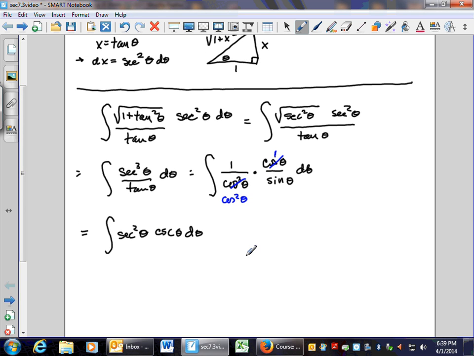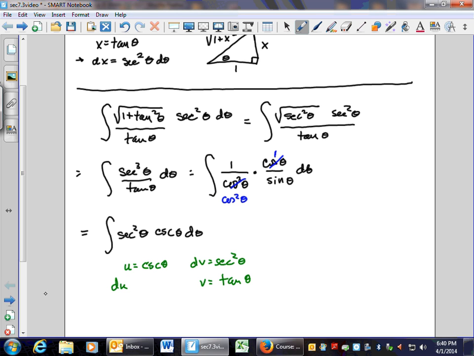Now look, we know that the derivative of the tangent is a secant squared, so we're going to set this up so that u is the cosecant of theta and dv equals the secant squared of theta, so that when we integrate the secant squared, we get the tangent. Okay, and I did that because I know that the derivative of the tangent is the secant squared. Okay, that's easy to integrate, and the secant squared is in my integral.